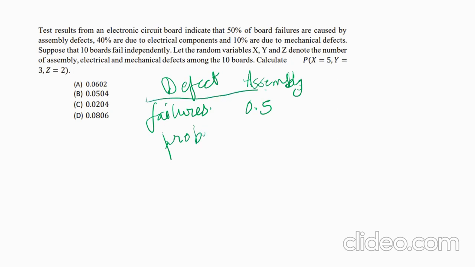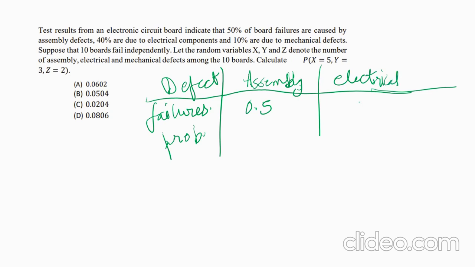Okay, so this is 0.5, and then due to electrical one, it is 0.4, and mechanical one is 0.1. Okay, so 10 boards fail independently, 10 boards fail.